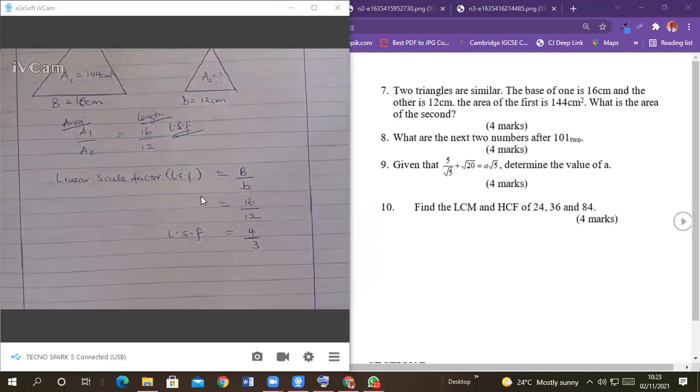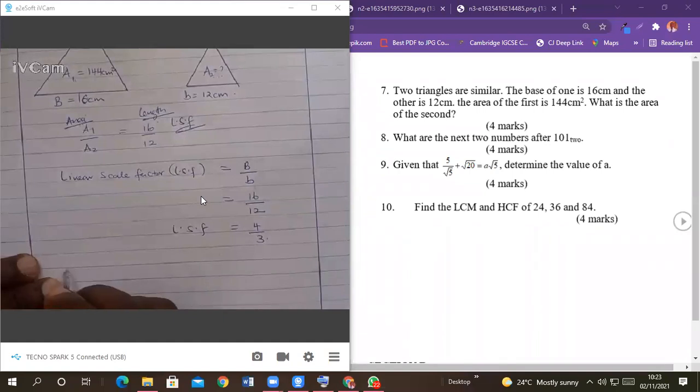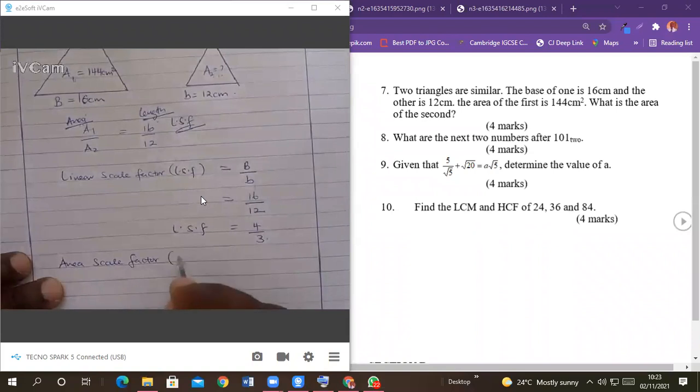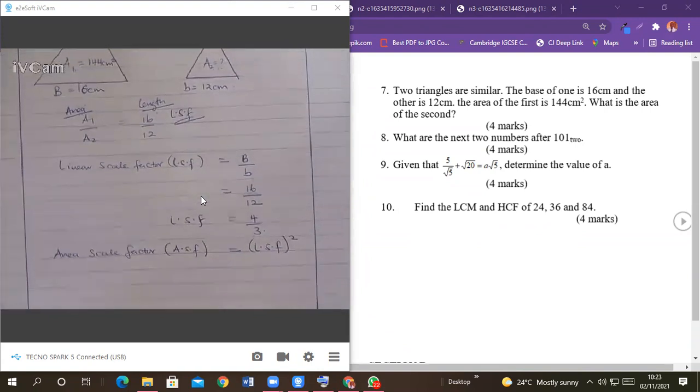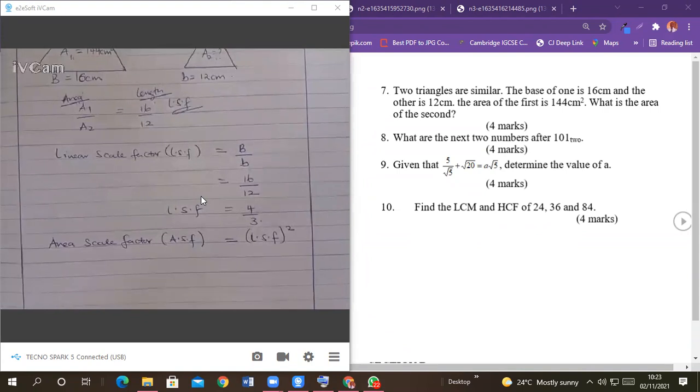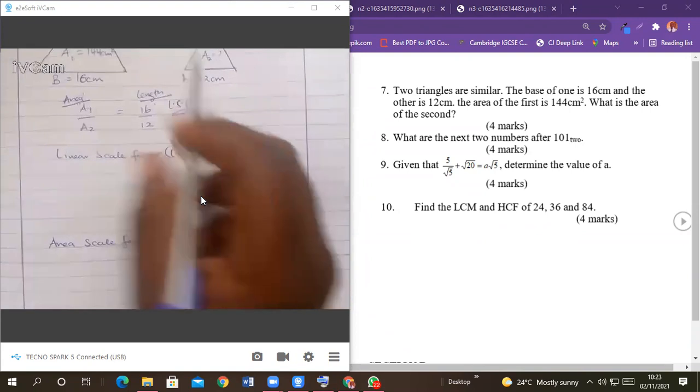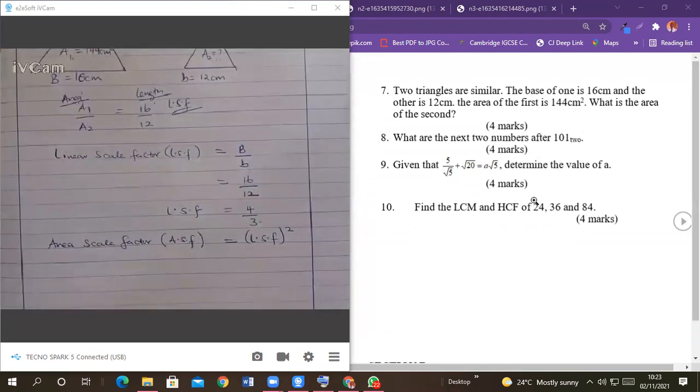Now, after getting the linear scale factor, you find the area scale factor. So the area scale factor, ASF, is equal to the linear scale factor squared. So you square the linear scale factor for you to find the area scale factor. The same way you know area has centimeters squared, you can see it in the question here, it means that the linear scale factor has to be squared to get the area scale factor.